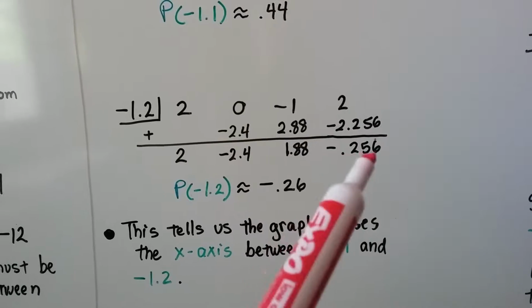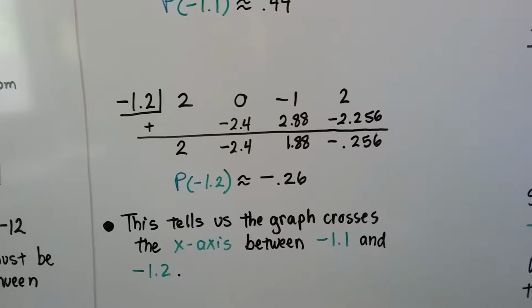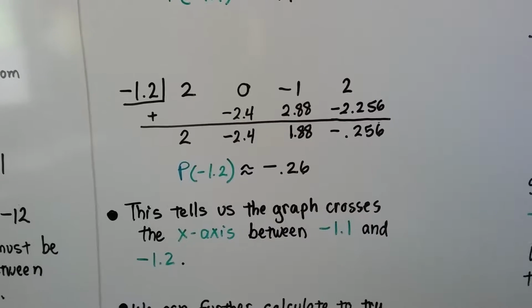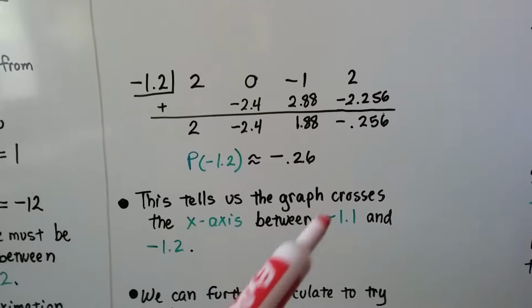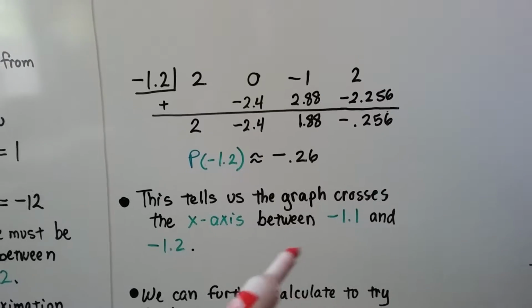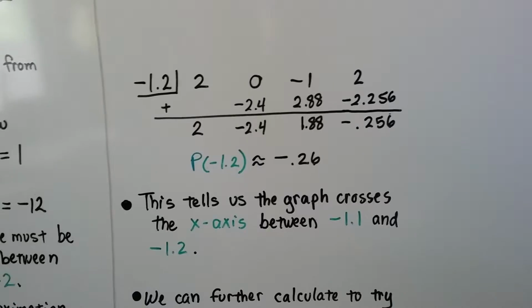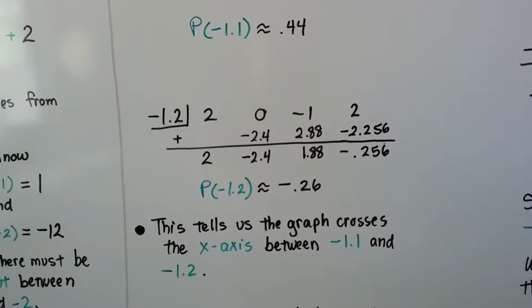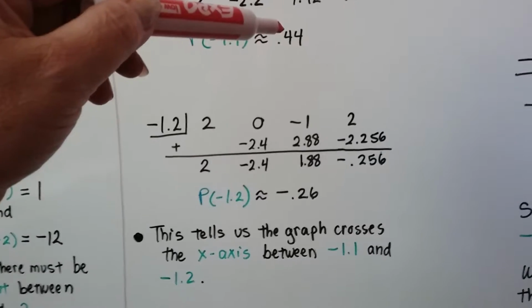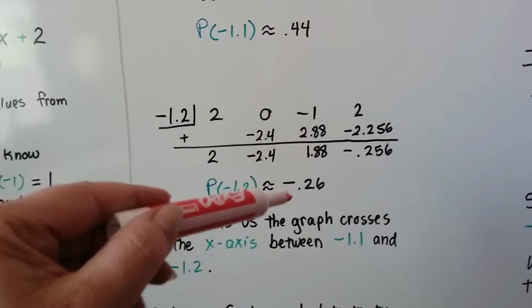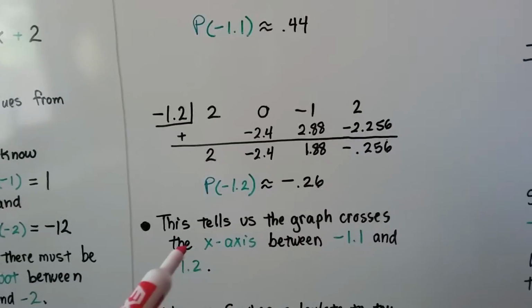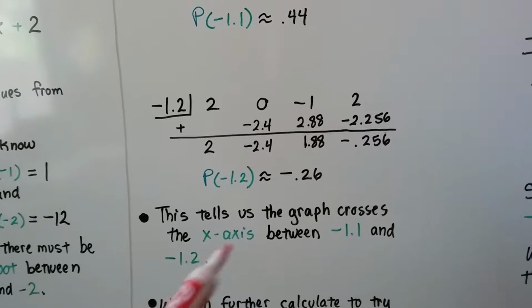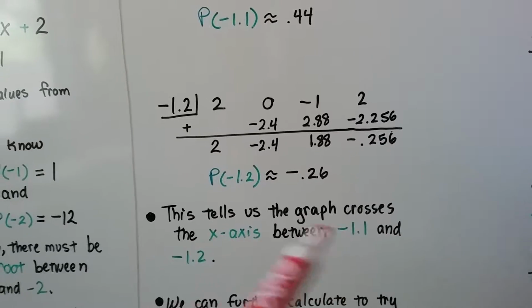So we rounded it to negative 0.26. This tells us the graph crosses the x-axis between negative 1.1 and negative 1.2. We're getting really close to 0, aren't we? This was a positive 0.44, and that's a negative 0.26. So it has to cross x somewhere between these two numbers.